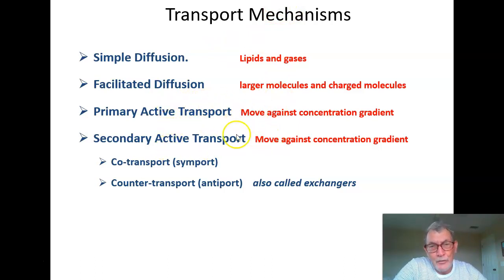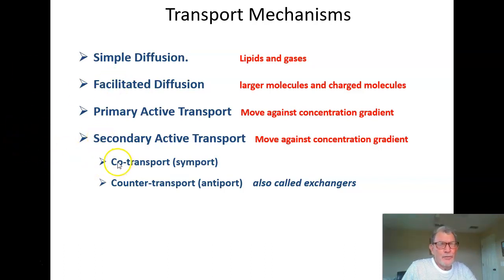Secondary active transport is a different mechanism for doing it, but it accomplishes the same thing. You're taking something that wouldn't otherwise go. If you just open a hole, it wouldn't go. So you're using some sort of power to move that molecule from over here to over here against its free will.